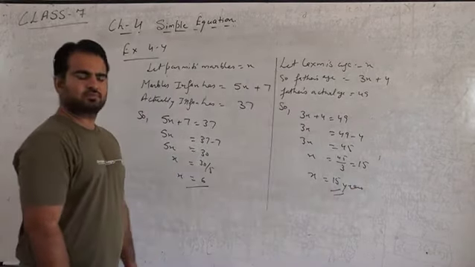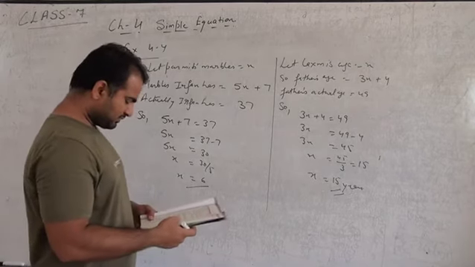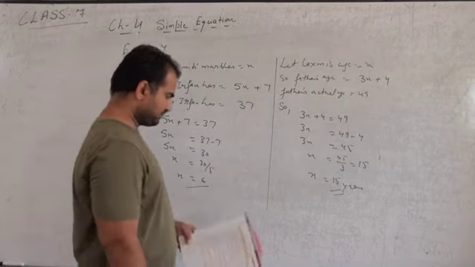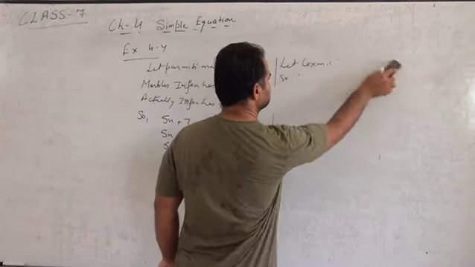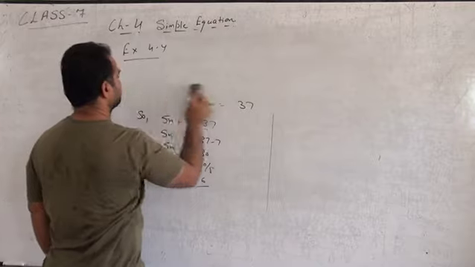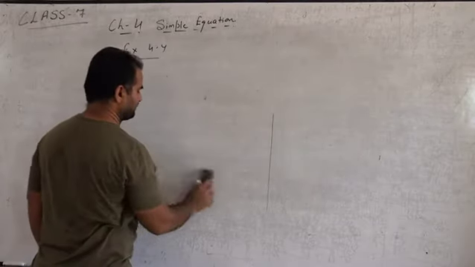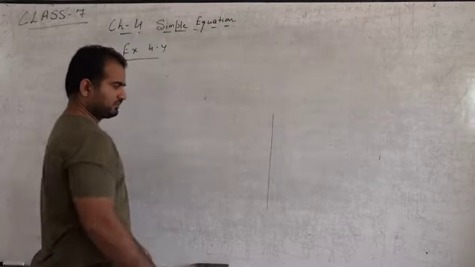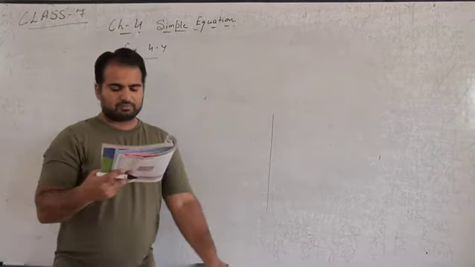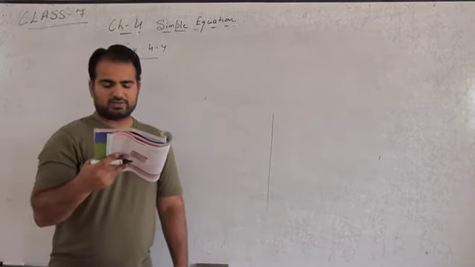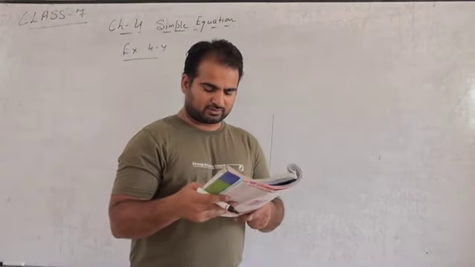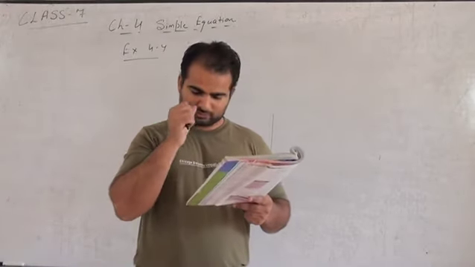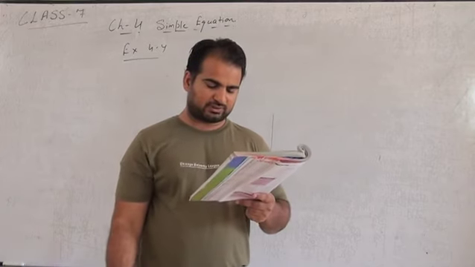Okay. Next is question number third. People of Sundaram planted trees in the village garden. Some of the trees were fruit trees and the number of non-fruit trees was 2 more than 3 times the number of fruit trees.